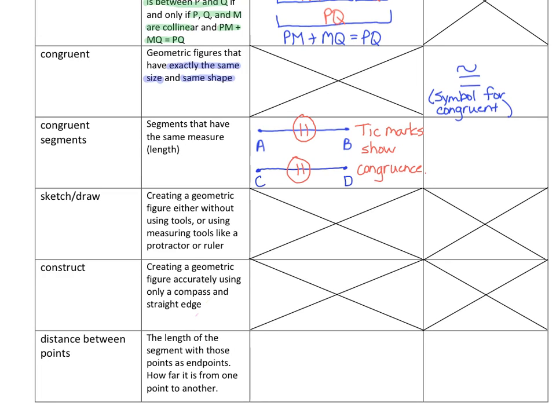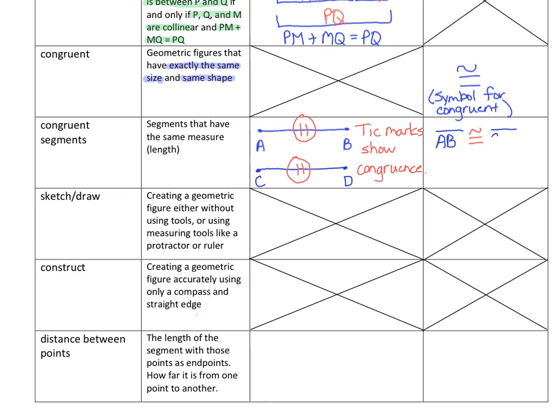You could have two segments with one tick mark each, these two segments with two tick marks each, or more segments with three tick marks. The number of tick marks tells you which segments are congruent to each other. Now, if I wanted to write a congruence statement, I would say segment AB, using my congruent symbol, is congruent to segment CD.